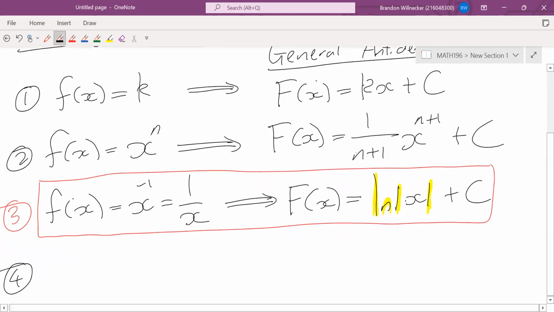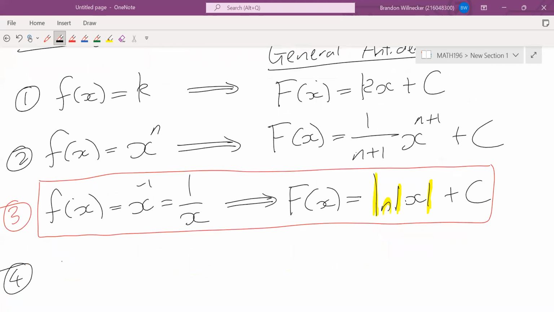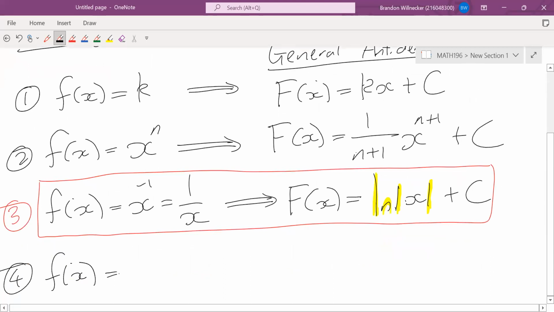Number 4, trig functions. If f of x is equal to sine kx, we want to find the antiderivative.